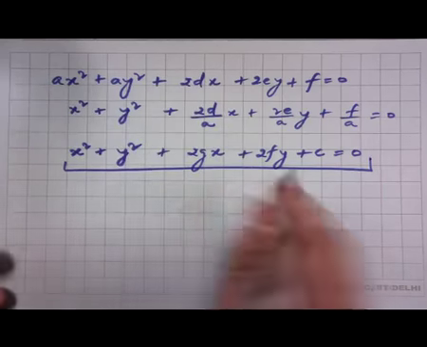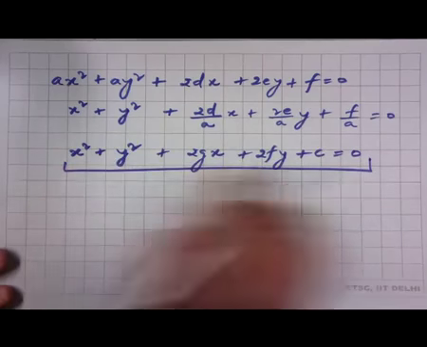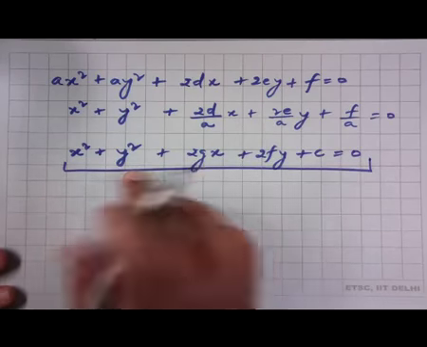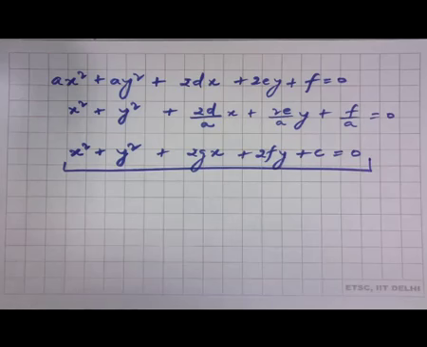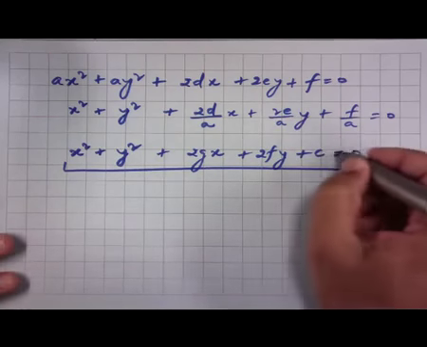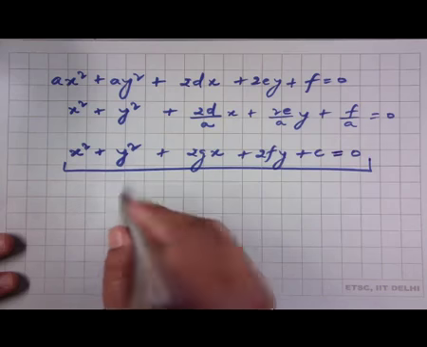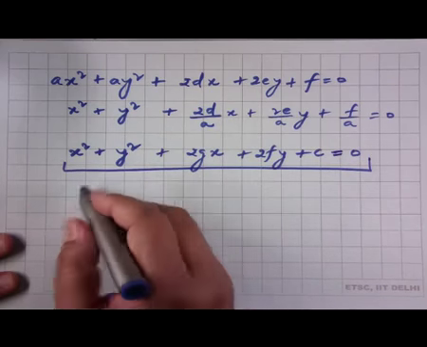Now, when we have a circle in this form, how do we find the center and radius? Well, we can simplify this.